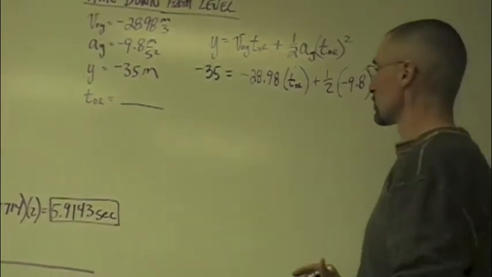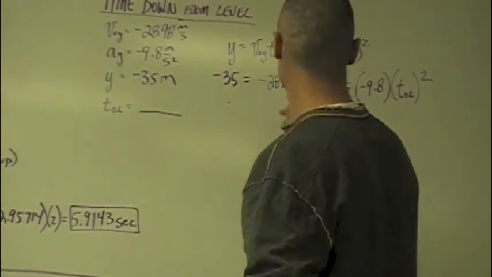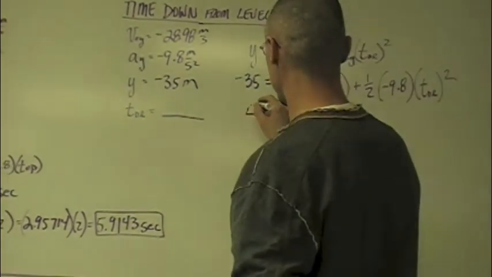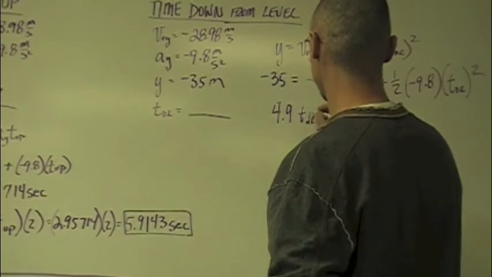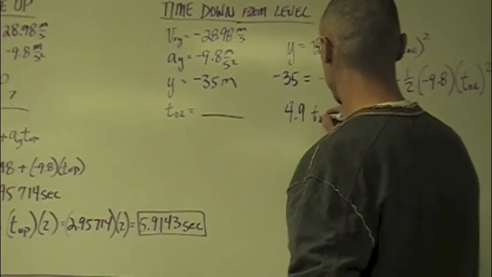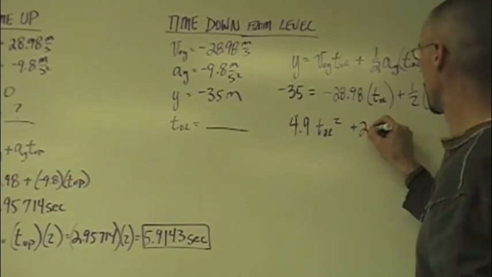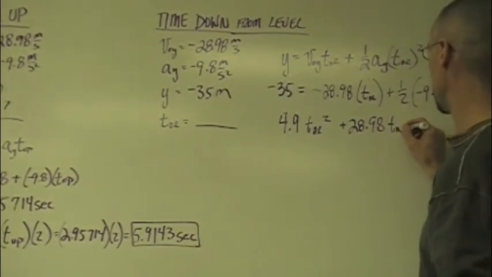Quadratic formula. So I'm going to reset this thing to 0. This is negative 4.9, so I'm going to put that on the other side. So 4.9 t_dl squared, and then I'm going to take that over there and get plus 28.98 t_dl.